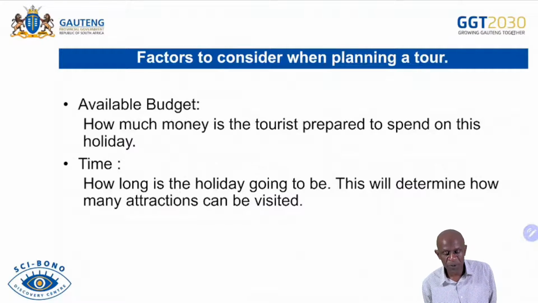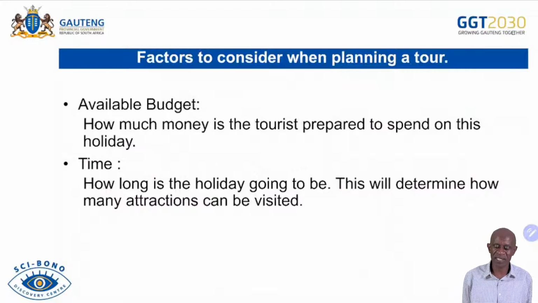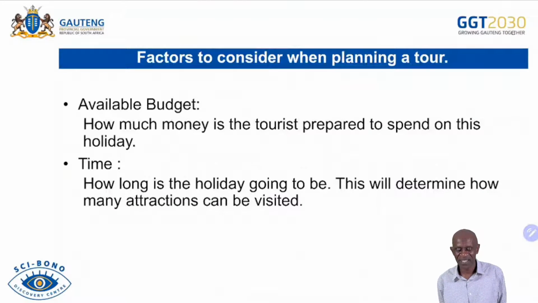So when you don't have enough money in your budget, then that will tell you how many attractions you can afford. And if you have enough budget for your tour, then you have a choice of as many attractions as you can.